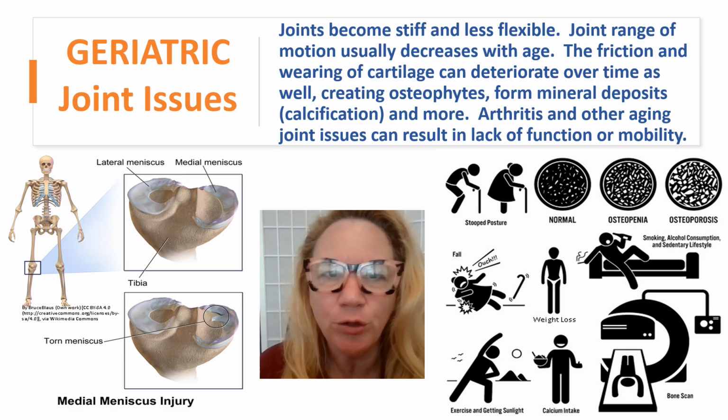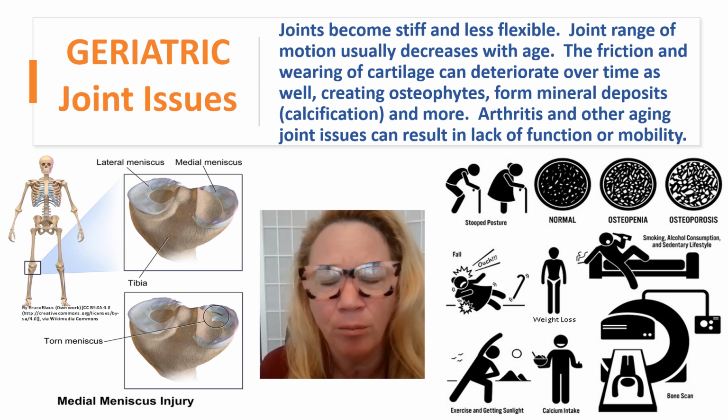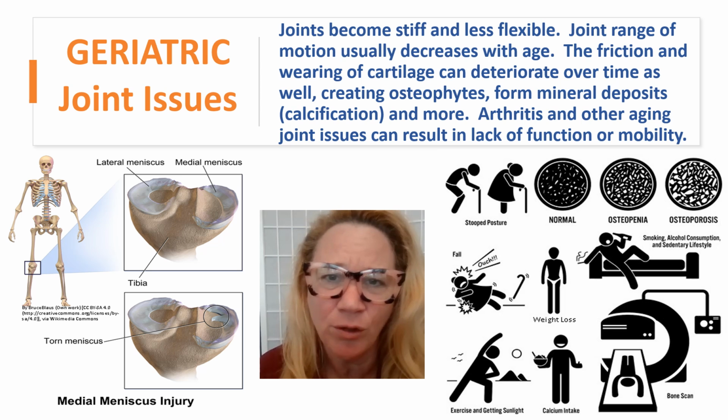Now we're going to review the aging process with joints, which deteriorate over time and can cause all types of problems. As we age, our joints become less flexible and stiff, and that results in geriatrics usually taking shorter steps to help with balance issues and to help them prevent falling.